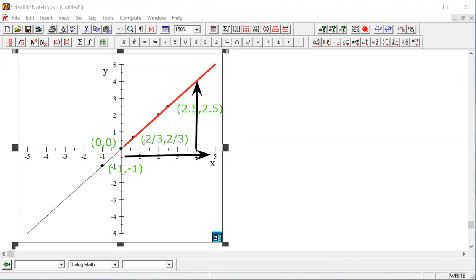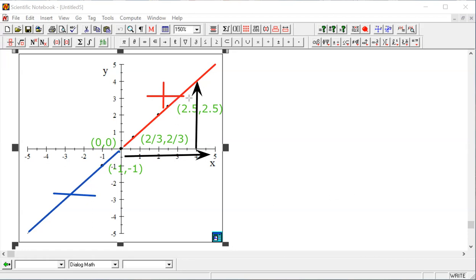This piece indicates, for all of these inputs, the output is positive. And here, that's a negative input.